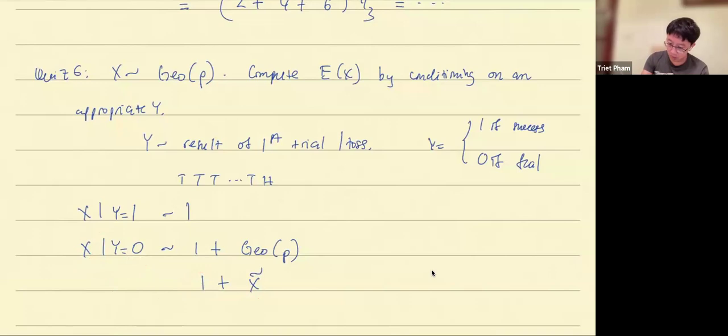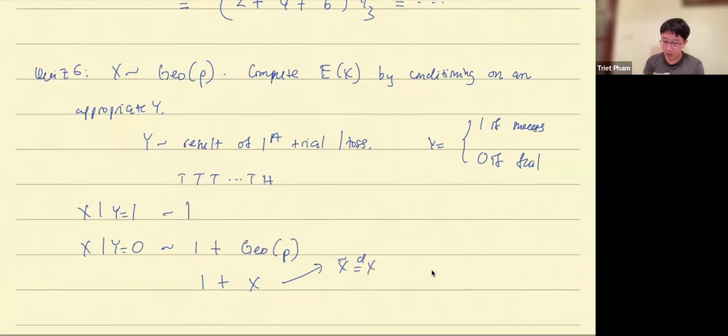So X tilde is just a copy of X, but in terms of distribution. Again, it's very important that we do not add X back, because that's nonsense. X cannot be 1 plus X.